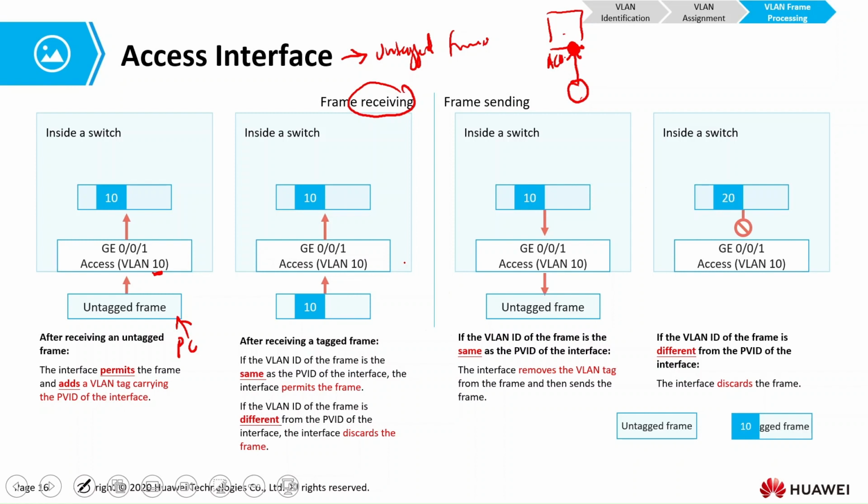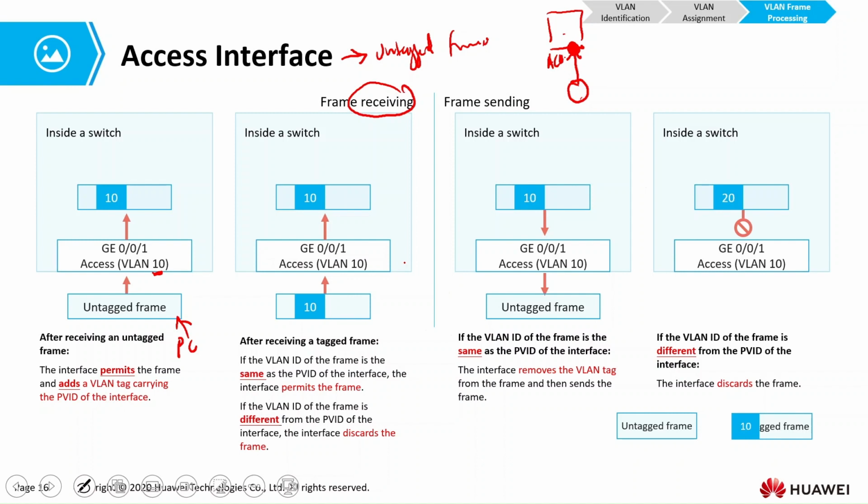The next case is the same thing, but with a VLAN tag. Sometimes your switch receives a tagged frame from the other end's interface.